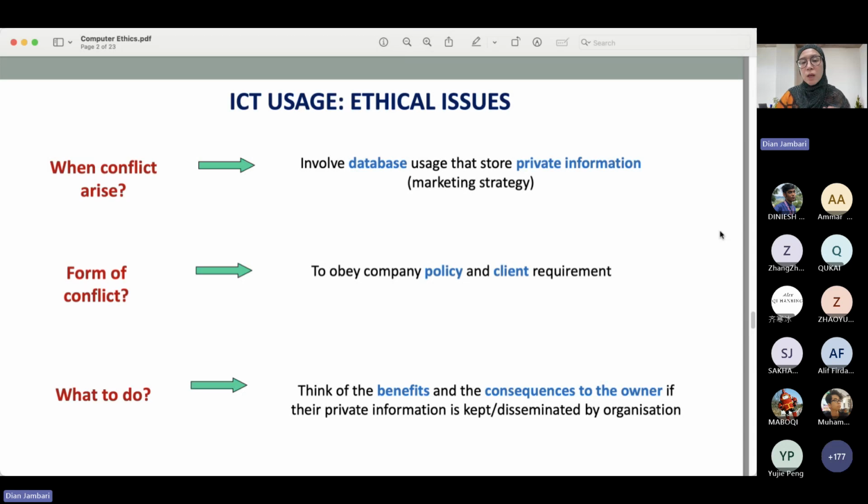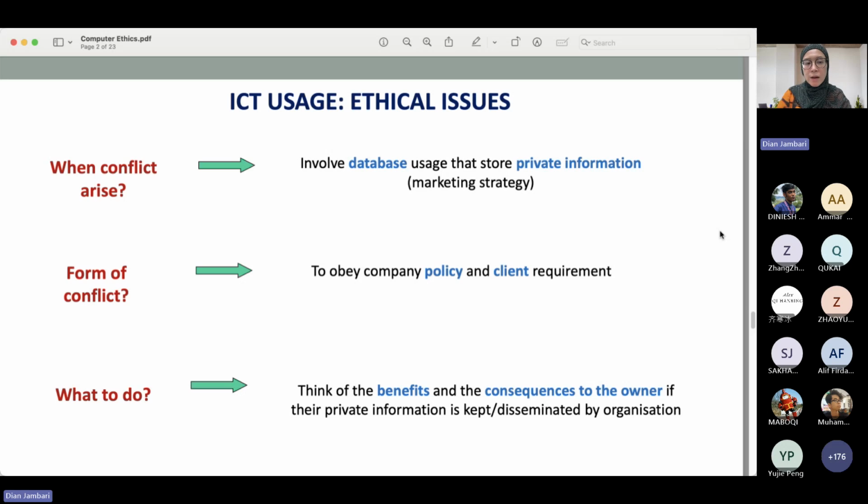Why do you need to take care of it? Because the database is being used to store information and private information. Now conflict arises when you have that information in the database in your company, and your company is using that information to help in their marketing strategy.